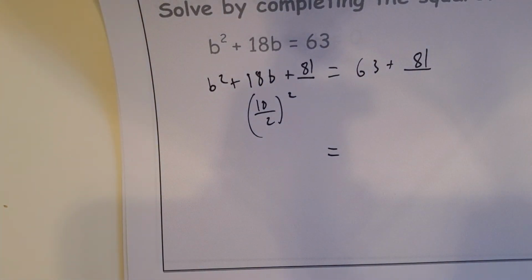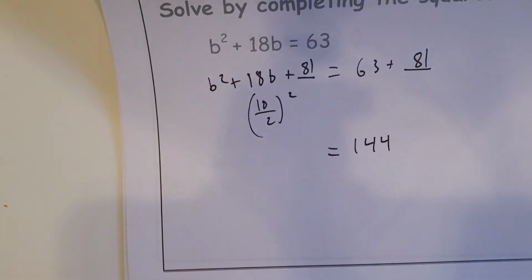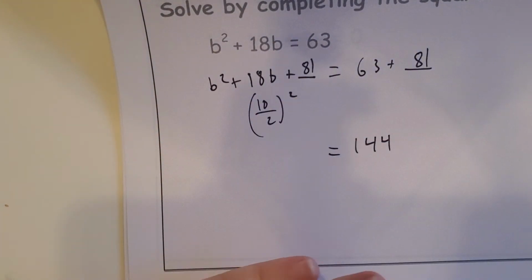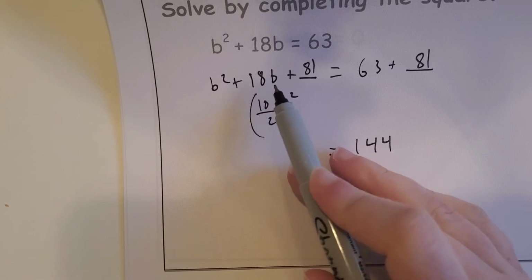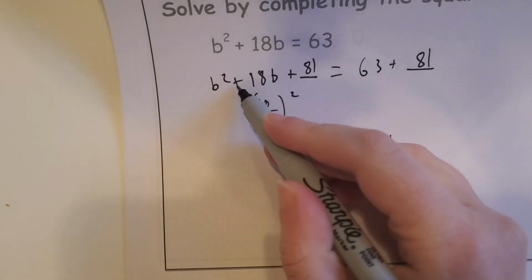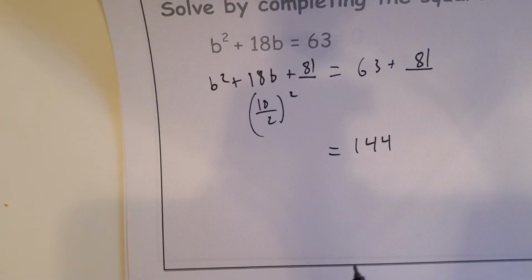63 plus 81 is 144. And then we're going to factor this. All right, I don't know if you guys remember my little trick, but the trick that the book does talk about is, we have this plus here, so we know it's going to be b plus something. But you can use a little trick that it's going to be b over 2.